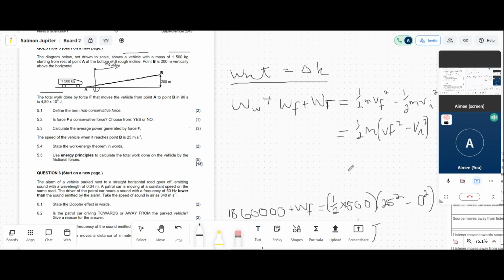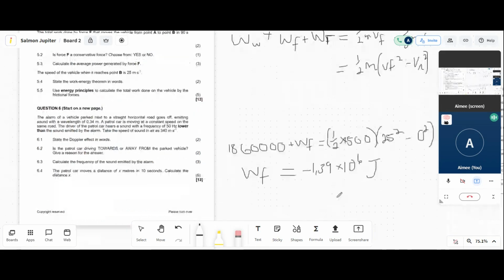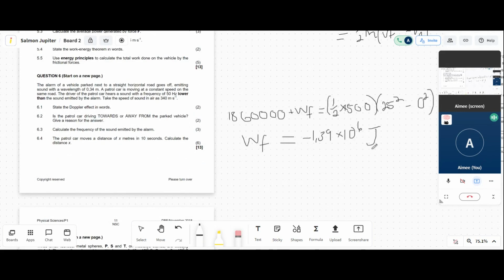And it goes from being this equation to this when you've plugged in all your information, and this is your final answer.